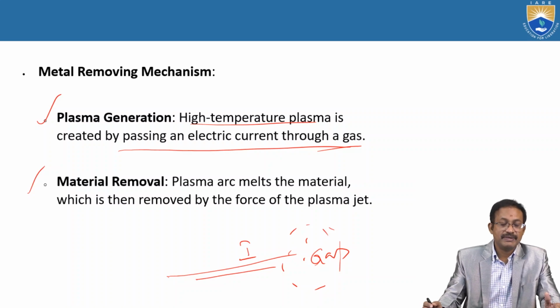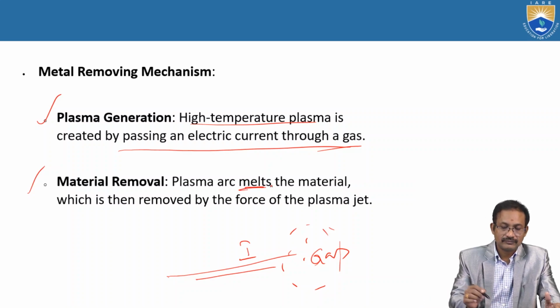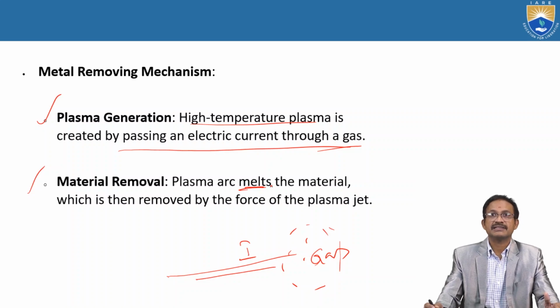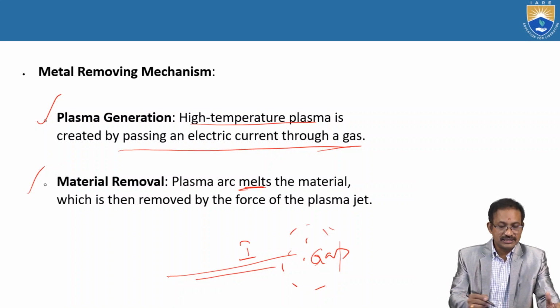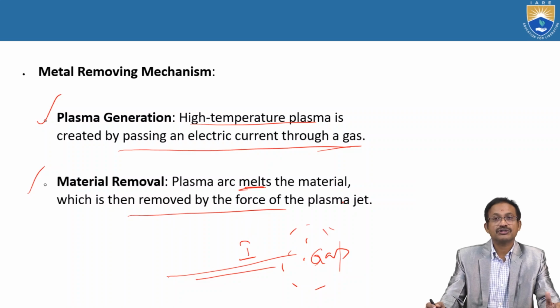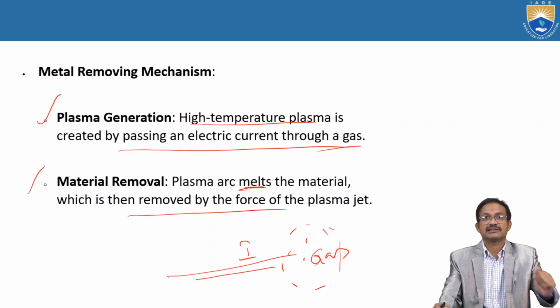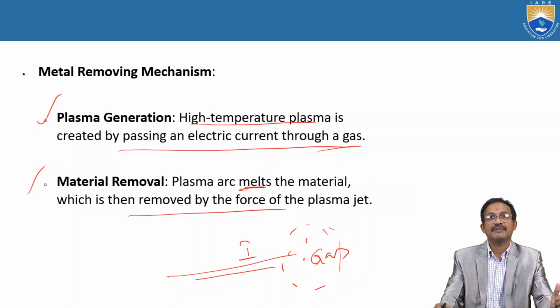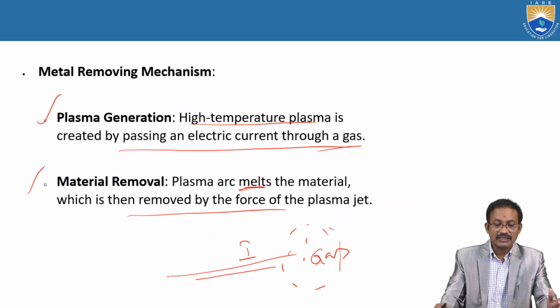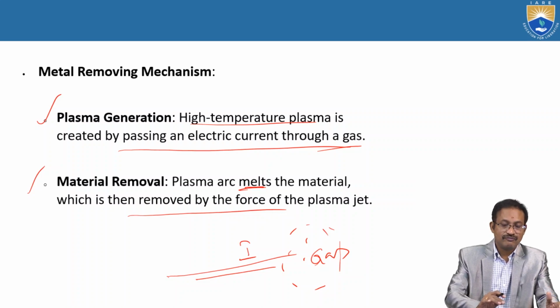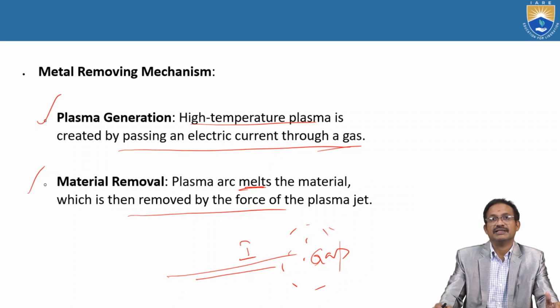Material removal: plasma arc melts the material, which is then removed by the force of the plasma jet. The plasma arc first melts the material, and after that, the plasma jet forces out and removes the material.